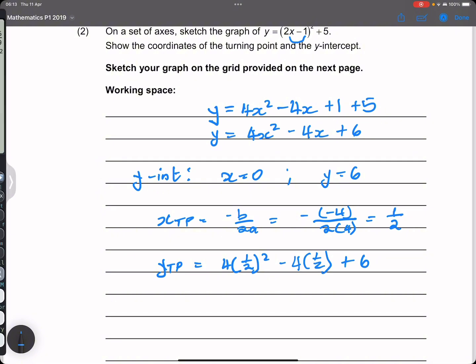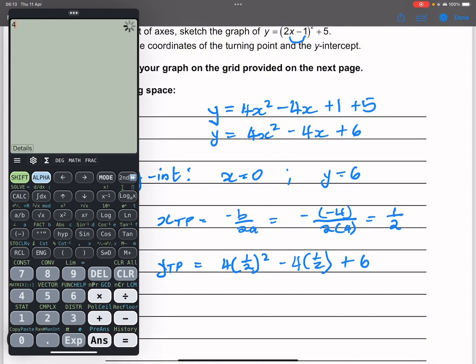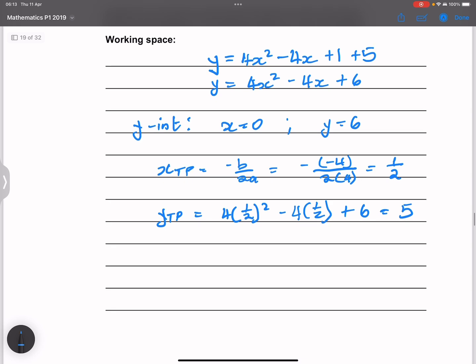So I'm going to have 4 times (1 over 2) all squared, minus 4 into 1 over 2, and plus 6. I get a value of 5. So I know my turning point will be at 1 over 2 and 5.